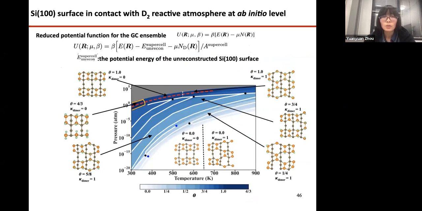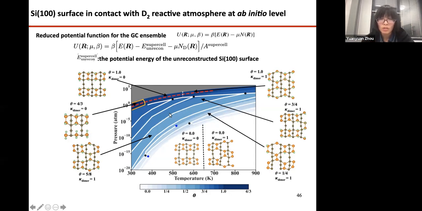To make these two data sets comparable, the REGC data from 4x4 and 3x3, two different supercells, we define a reduced potential function for the grand canonical by referring to the potential energy of the unreconstructed surface and dividing by the surface area respectively. We combine these two data sets as joint data and build a joint phase diagram.